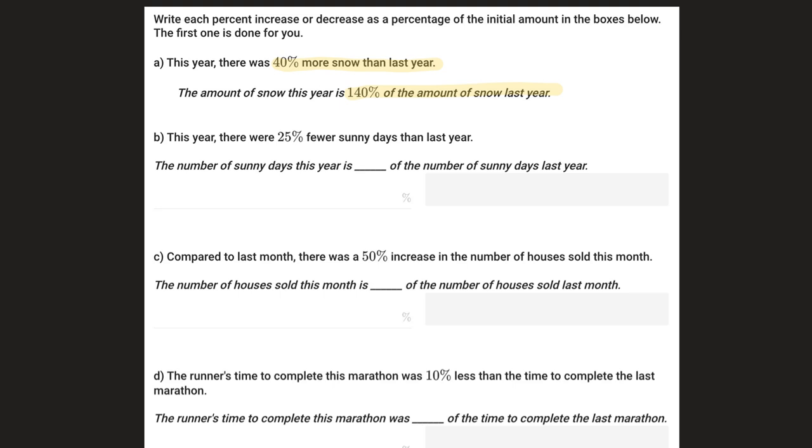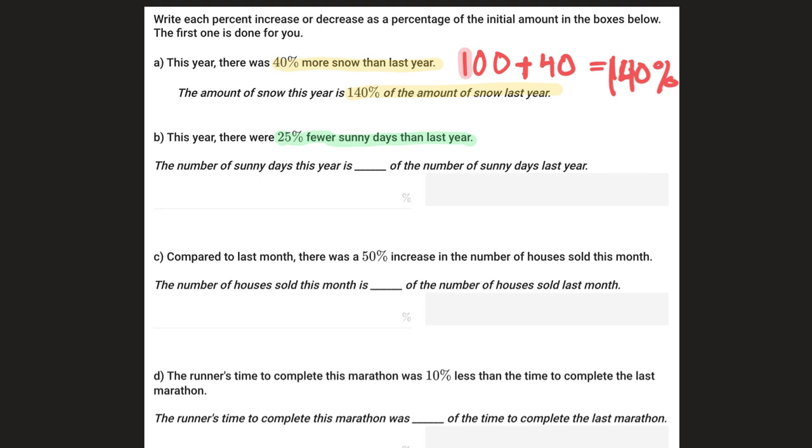So we are adding, like we saw earlier, if last year was 100% or the whole, this year was 40% more, so we are adding. That's where we get the 140%. Okay, the next question here says, this year there were 25% fewer sunny days than last year.